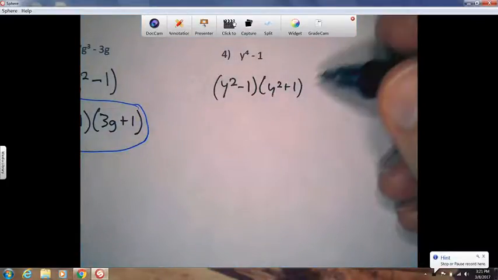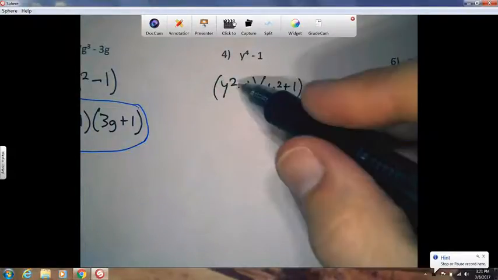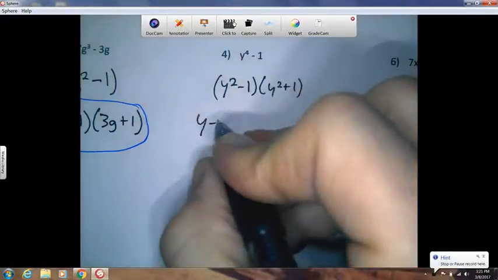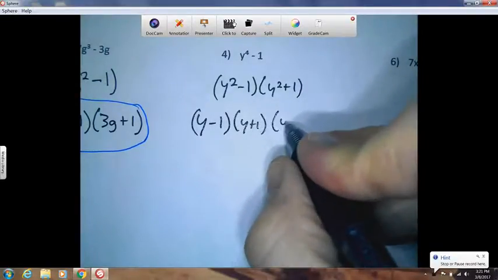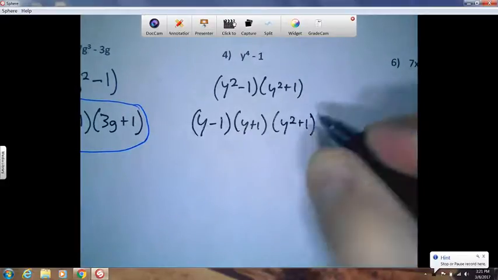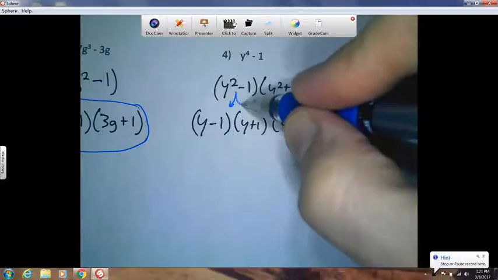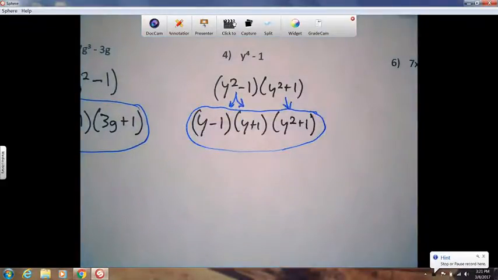But is this still divisible by 2? Is it still an even number? Yes. So I can do y minus 1, y plus 1. And that part still stays. So I broke that down to 2. So you know if you can factor if these are both perfect squares and it's a difference. It has to be a difference.